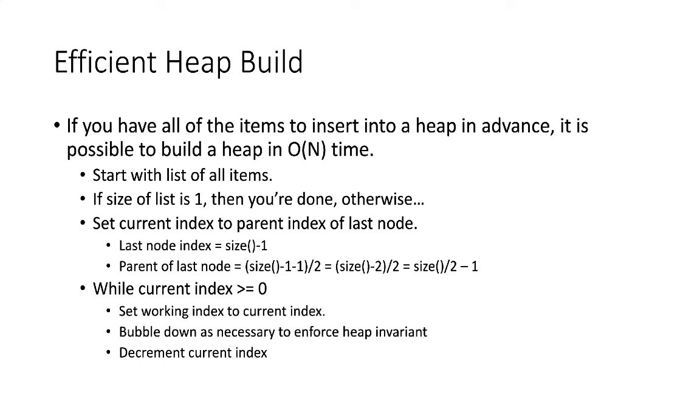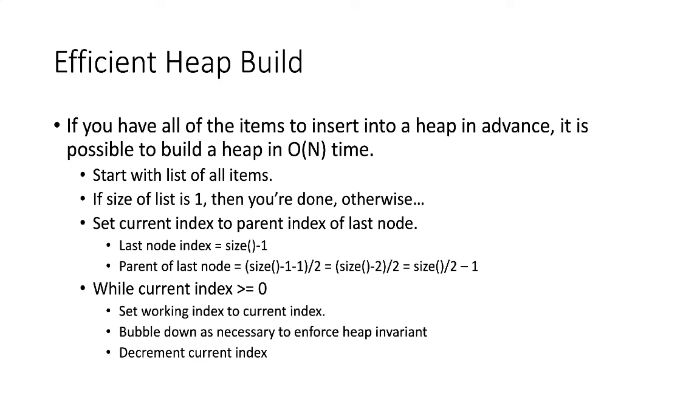While current index is greater than or equal to 0, so while you're not past the root, you set the working index to be the current index, and you bubble down as necessary to enforce the heap invariant from the working index. So you start from there and calculate the left and right child of your working index.